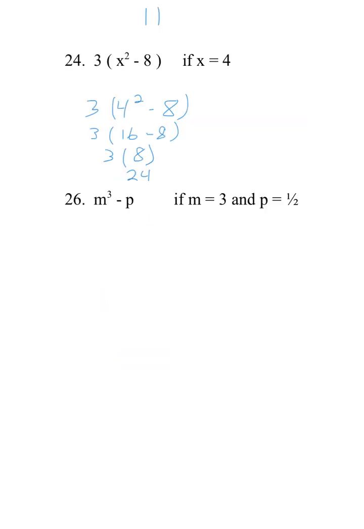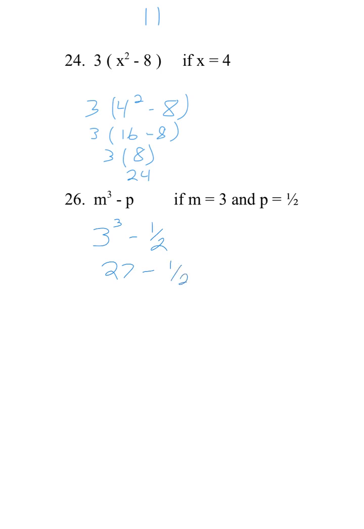Number 26, we're looking at m to the third power minus p. So we're going to take 3, which is our m, to the third power. And then we'll subtract 1/2 from it. So if we have 3 to the third power, it's going to be 27 minus 1/2.